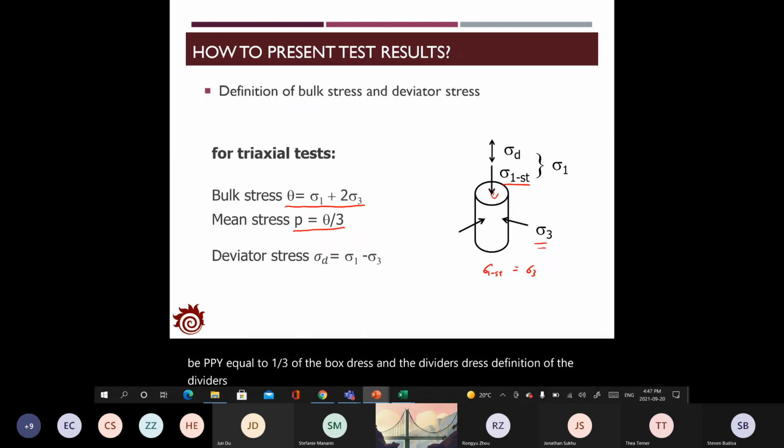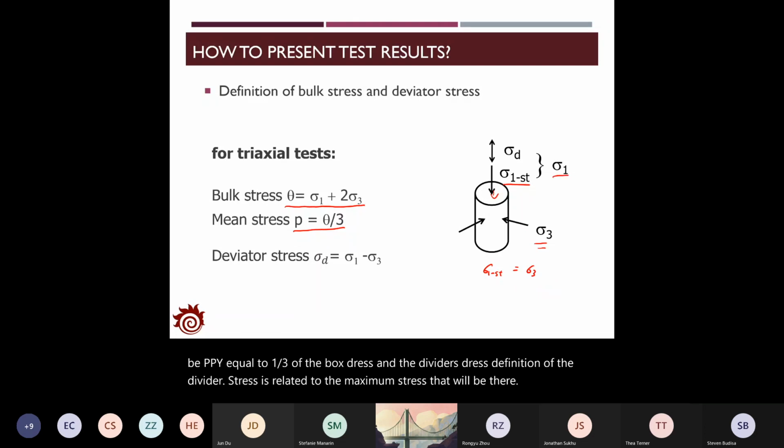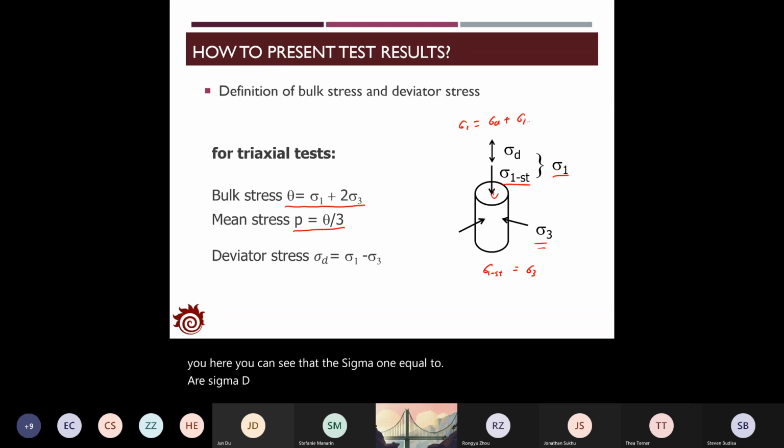That would be the largest stress applied to the sample, sigma 1. Here you can see that sigma 1 equals sigma d plus sigma first in this figure. So the deviator stress will just be sigma 1 minus sigma 3.